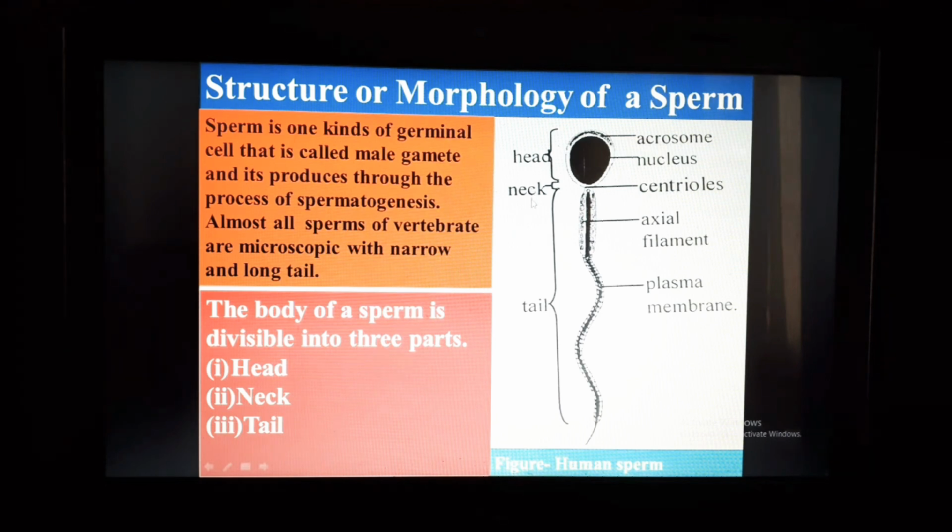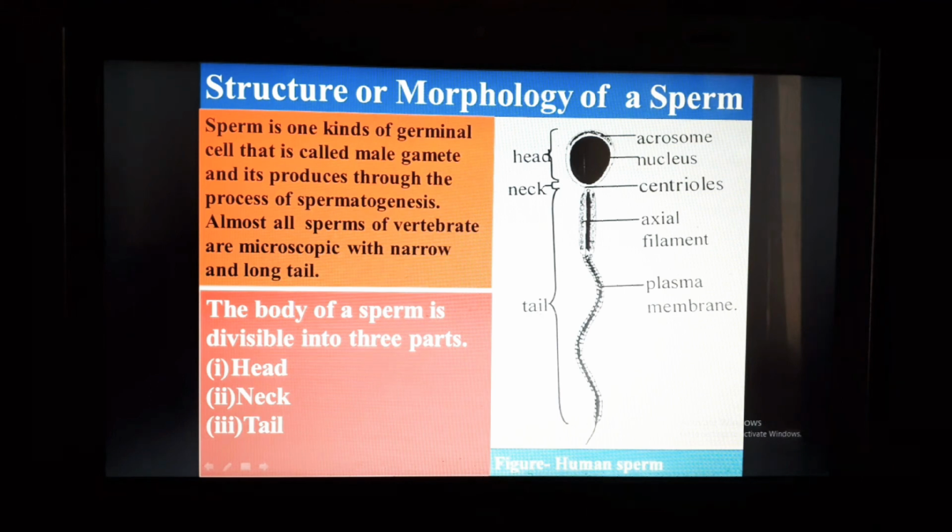Second one is neck. The constricted, narrow and short structure of sperm behind the head is called neck. It contains centrioles, which are the proximal centriole and the distal centriole. And the last one is tail.